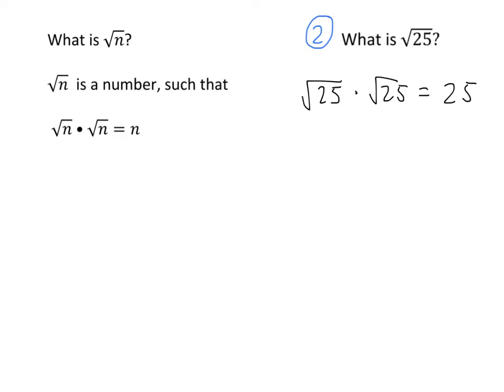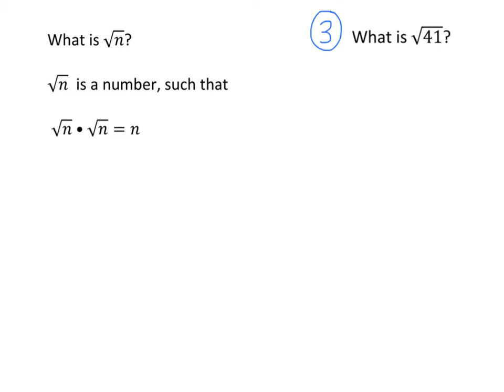So what number, if I multiply it times itself, would get me 25? Obviously, the answer is 5, because 5 times 5 is 25. This is the most important thing to think about: the square root of 25 times the square root of 25 has to be 25. That's why the square root of 25 is 5.